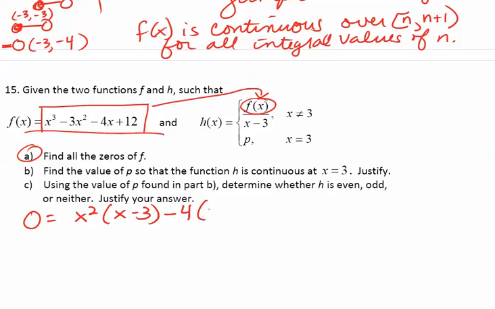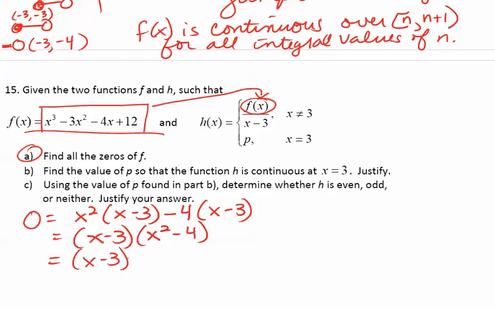Group the first 2 pairs. Group the second 2 terms. And now we have a GCF of x minus 3 and the remaining factor. And of course, I'm sure you guys would have factored that right away in one step. So we know that the zeros, f of x is equal to 0 at x equals plus and minus 2 and at 3.